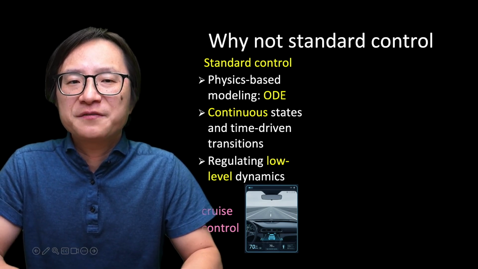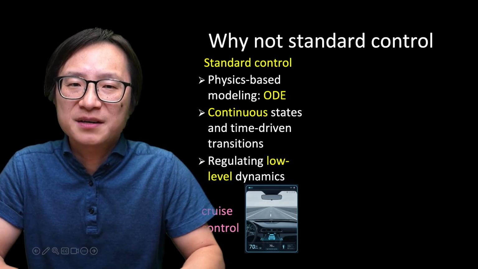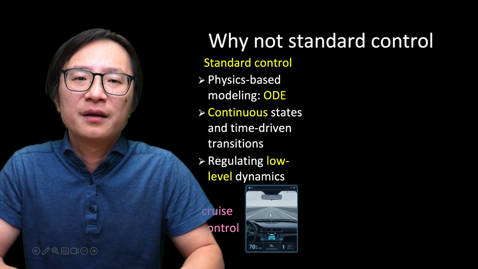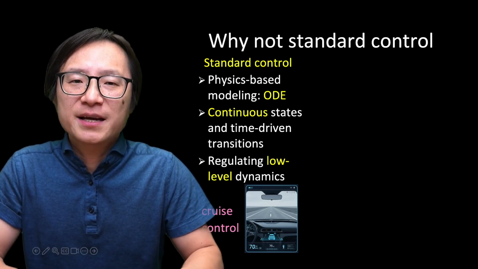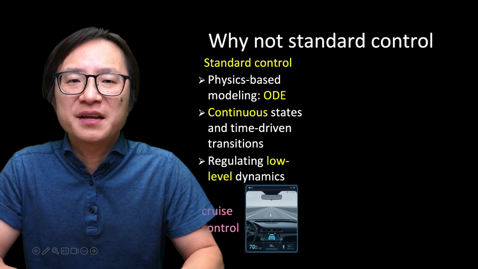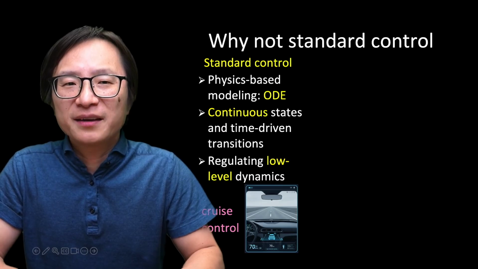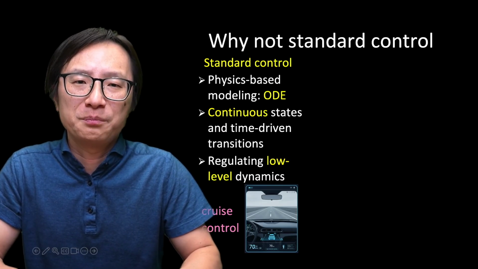And the control objective is often to regulate the low-level continuous dynamics of the system so that the states evolve in a desired way. If we take driving a car as an example, cruise control is a standard control problem to regulate the speed of your car at a set point, say 80 kilometers per hour.